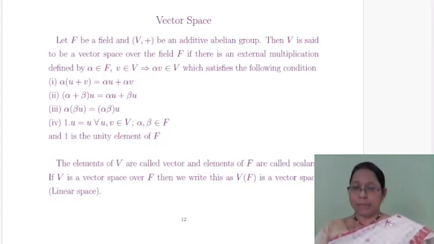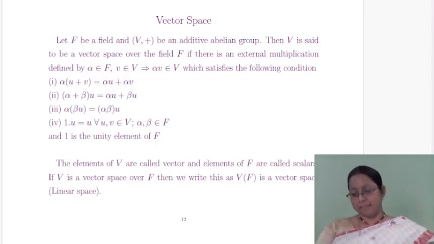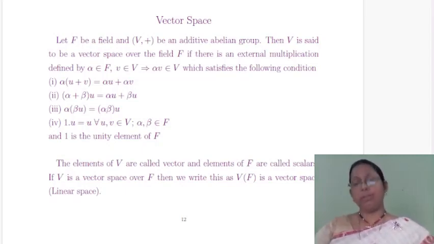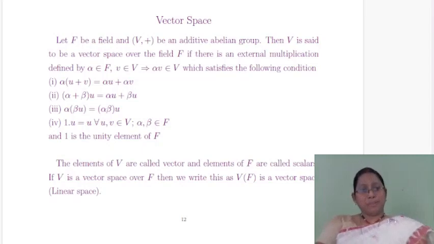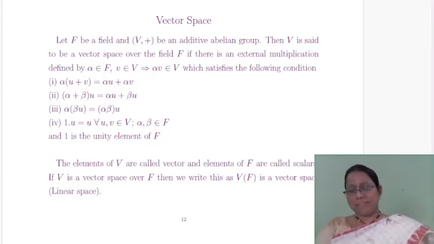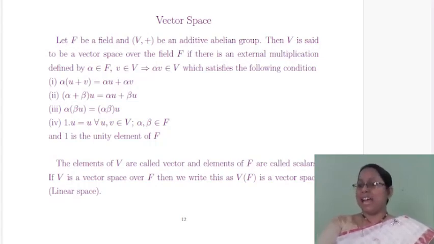Next is additive inverse. For any alpha belonging to F, there exists another beta belonging to F such that alpha plus beta is equal to 0, which is equal to beta plus alpha. Then this alpha is the additive inverse of beta.